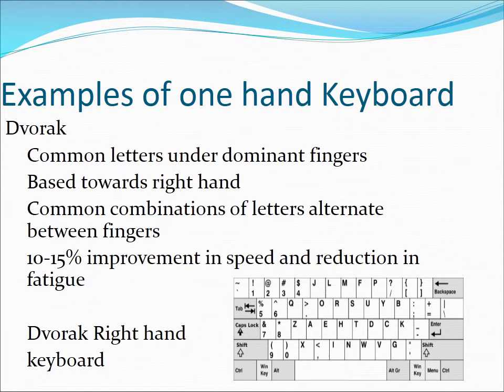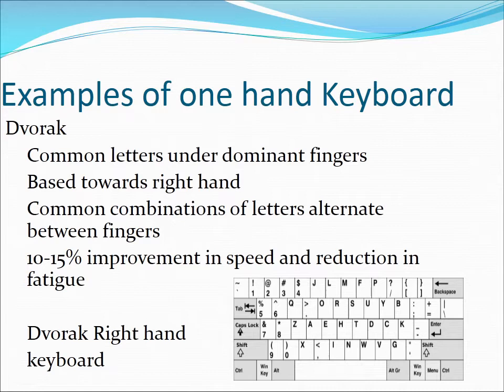We have different examples of one-handed keyboards, and one of them is by Dvorak, who managed to create a keyboard which uses two hands, but also managed to create keyboards which use one hand, and those are the Dvorak right hand and Dvorak left hand. In this kind of keyboard, there are features such as common letters and dominant fingers.